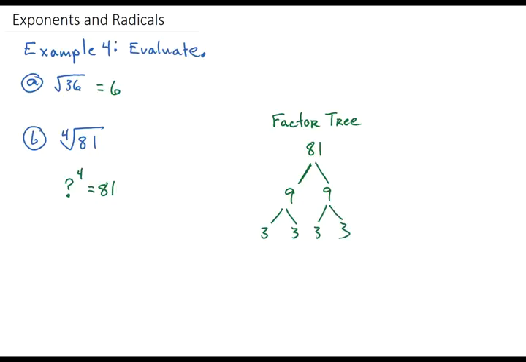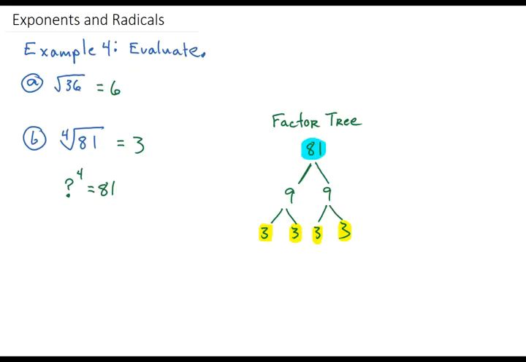So whatever's at the ends of the roads here, those will multiply back together to give us the number that we started with. So 3 times 3 times 3 times 3 is 81. In other words, the 4th root of 81 is 3. So you can break down into the pieces to see what it is that you're looking for.